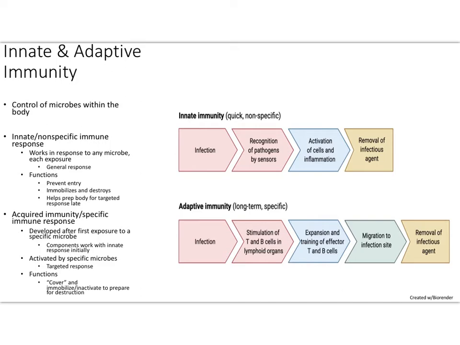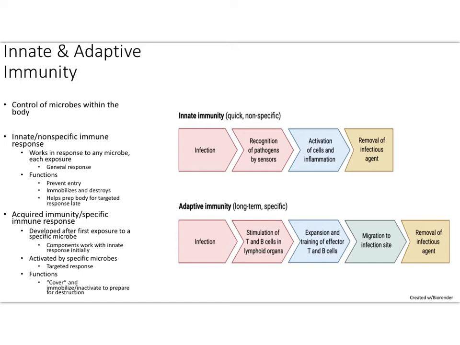So with innate immunity, it is nonspecific, meaning it responds to every microbe roughly the same way each time we see it. And its primary goal is to prevent entry of microbes. And if it can't do that, then what it tries to do is trap the microbe in a specific location so that it doesn't spread too far throughout the body.